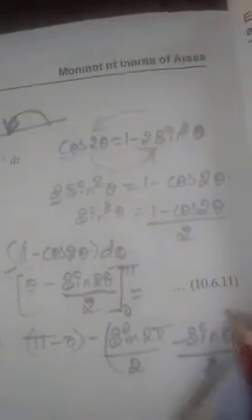So the first part is finished. Next, this part: sine of pi, whether it is 2 pi or pi, both will be 0. Next, I put the lower limit value, sine 0 divided by 2, which will become 0 and again this will become 0.